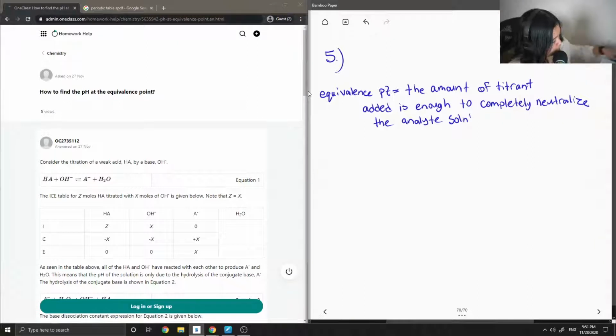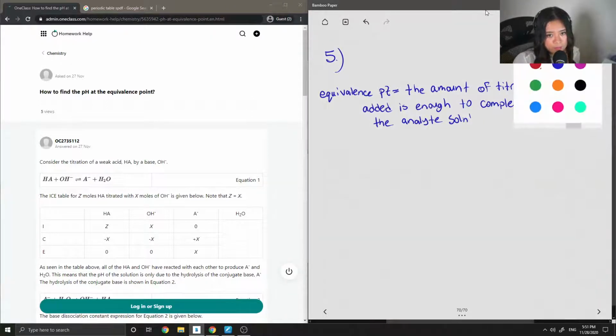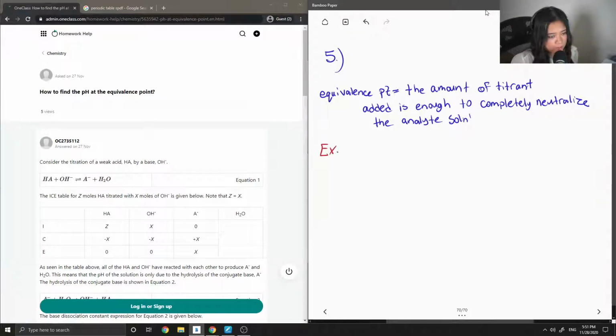Okay, so I'm just going to give out an example. If you have a strong acid, let's call it HA, that completely dissociates into its ions H plus and A minus.